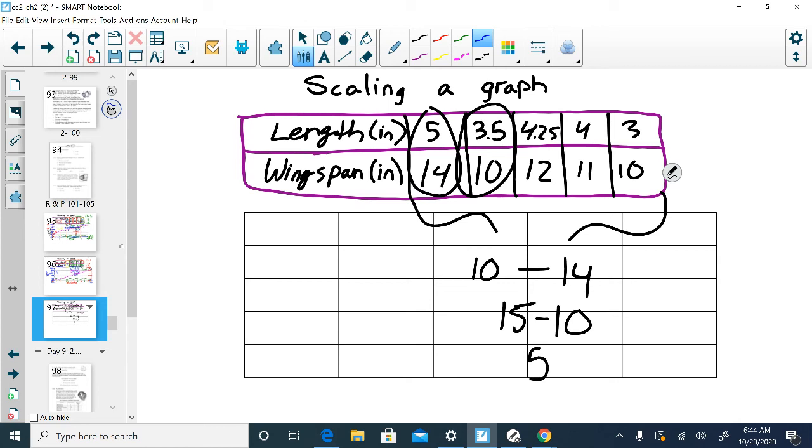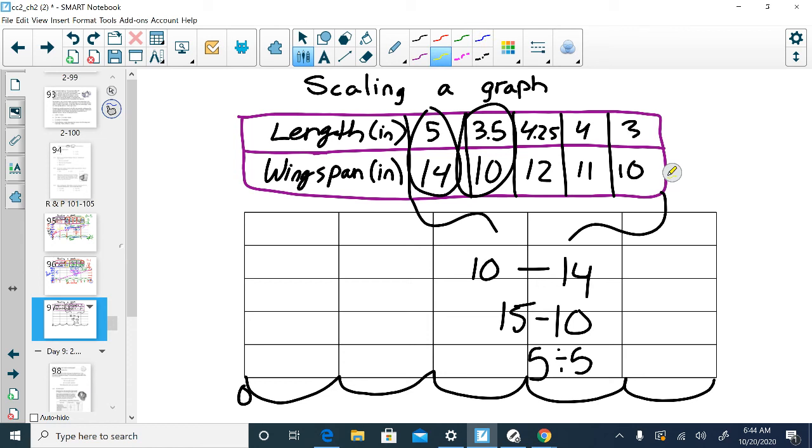And then how many jumps do we have down here? Well, we still have 5 on the bottom. So I'm going to do 5 divided by 5. Start at 0. And then we make our first break. We're going to show a little break in the graph with this yellow line. And then we're going to go all the way up to 10 here. And now we can really blow up our image. It's going up by ones.